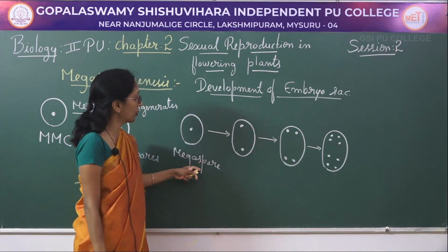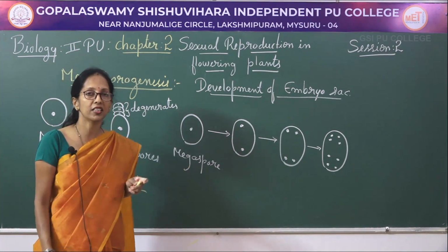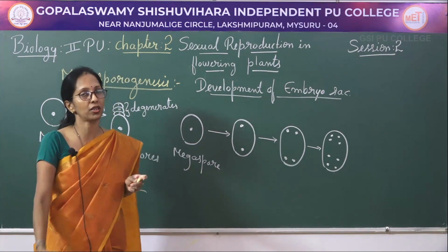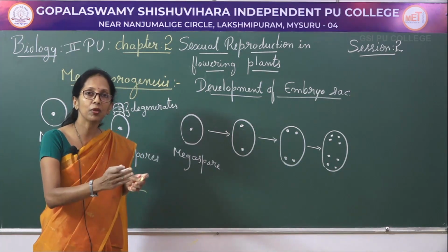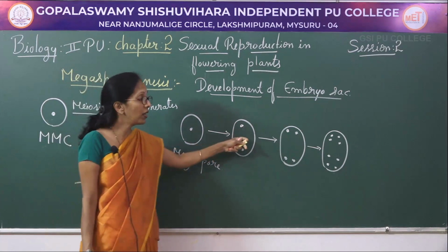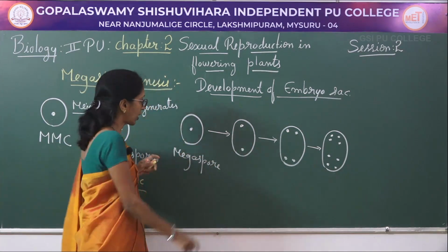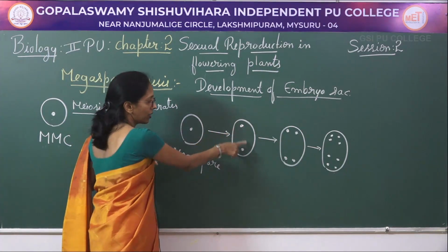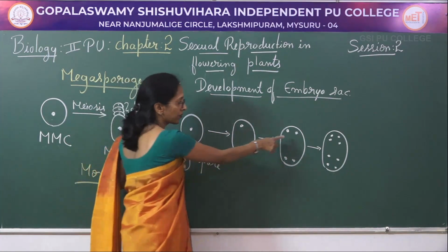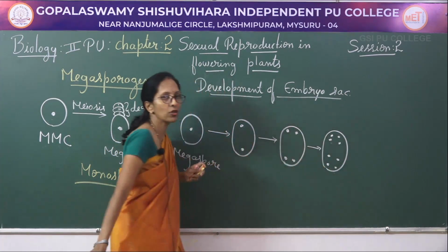This megaspore continuously undergoes mitotic division, therefore it is said to be sequential mitotic division. Then it is said to be free nuclear mitotic division, that means without the division of the cytoplasm. As a result of this, what happens? First there will be a formation of 2 nuclei, then 4, then 8.